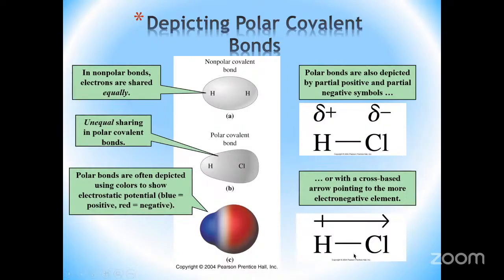So the convention that is used is that the arrow is pointing from the positive end of the bond to the negative end of the bond. And we put a cross at the tail of that arrow. That's just a unique signifier to show that you're representing the direction of the polarity of the bond, all right? So those are just different ways of representing bond polarity, basically, all right?